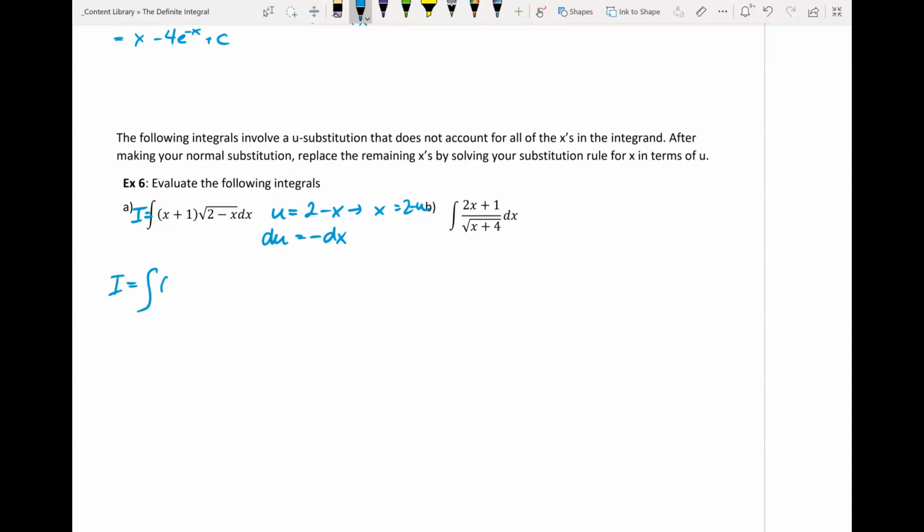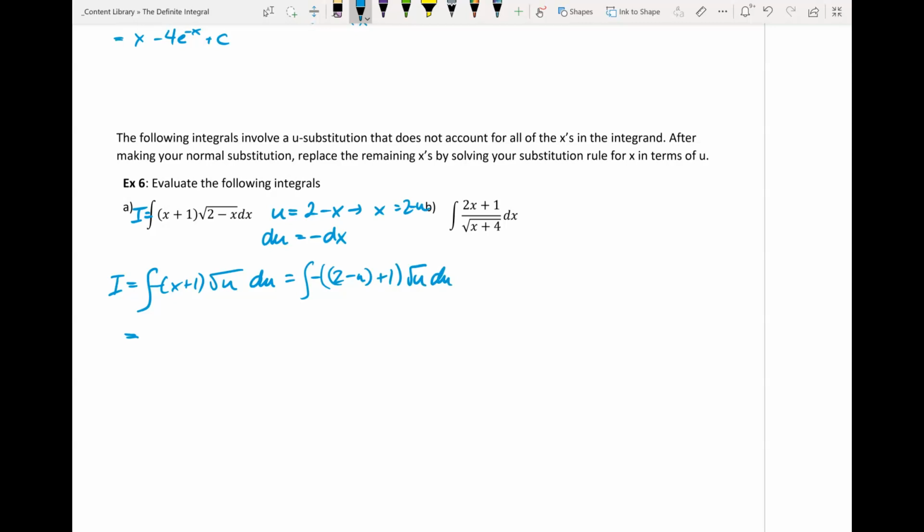So if I just do my regular u sub, I would get this, but then I still have the x there and I don't want that. So I'm going to replace this with 2 minus u for my x. And then simplify this, then take the integral.